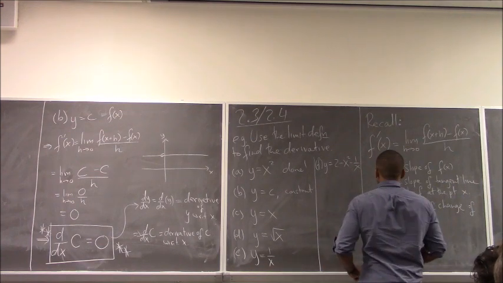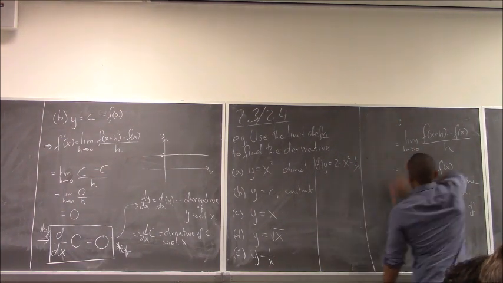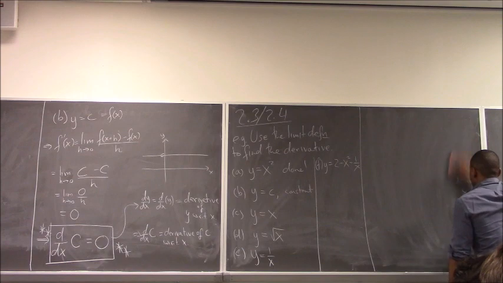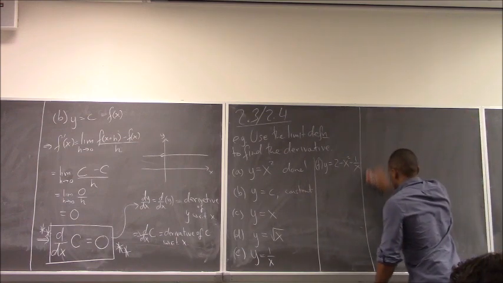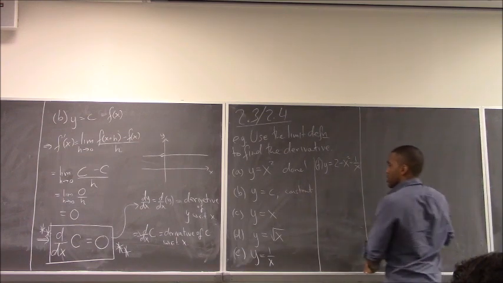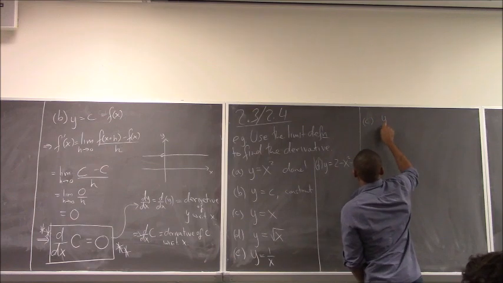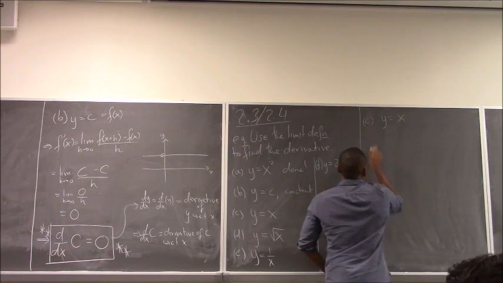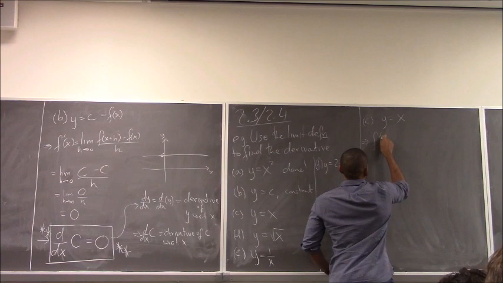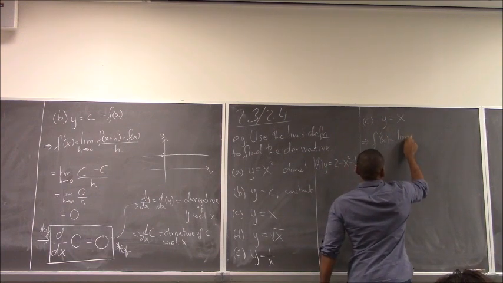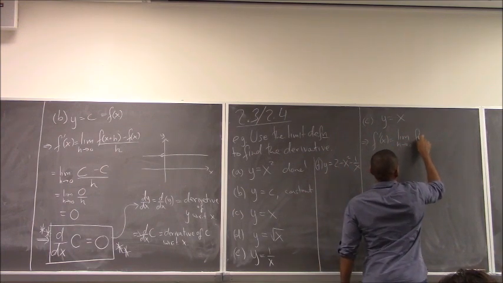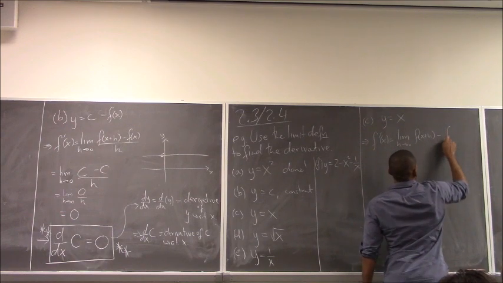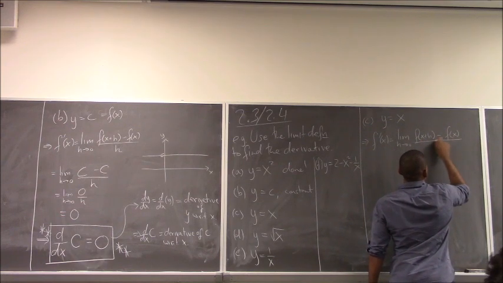Not too much to do here either, but let's just run through that so we can have another rule under our belts. So here's our y is equal to x. Right now what I want to do is find f prime. Again, that's just the limit as h approaches 0 of f of x plus h minus f of x all over h.